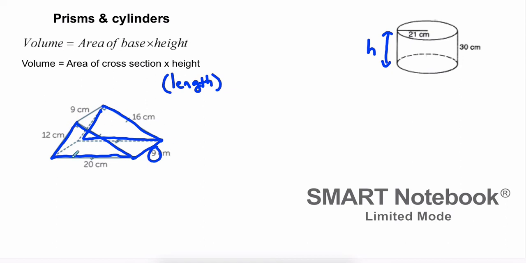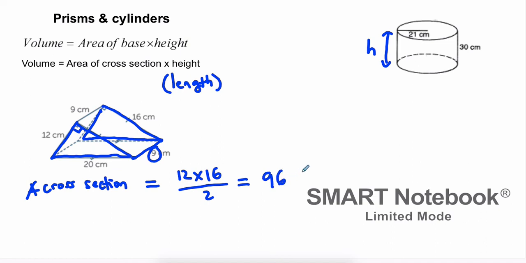Okay, so to find the volume of this triangular prism, we are first going to find the area of the cross section. And since it is a right angle triangle, we can safely take this side as the base and the height of the triangle because they make 90 degrees angle. So 12 times 16 divided by 2, we have 96, and the unit is centimeter squared.